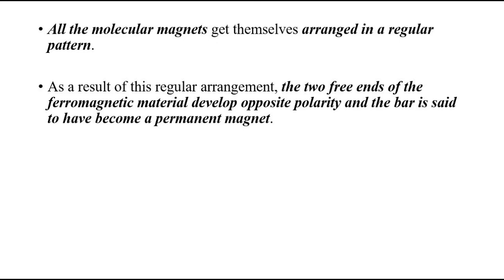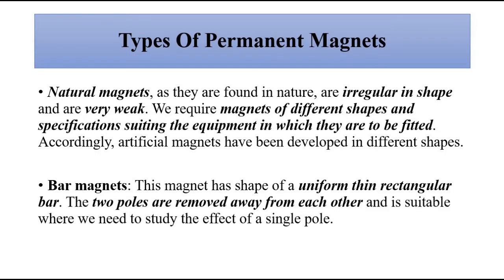There are different types of permanent magnets, which come in different shapes and sizes, and it depends upon the design of the electrical machine which one is used and what size of it is used. We'll be discussing some basic types of permanent magnets. First is natural magnets.